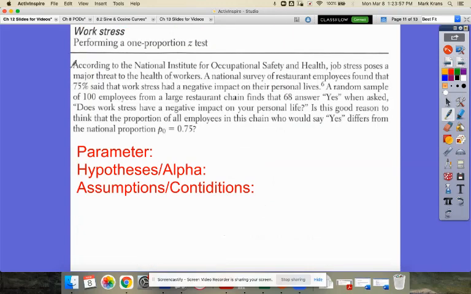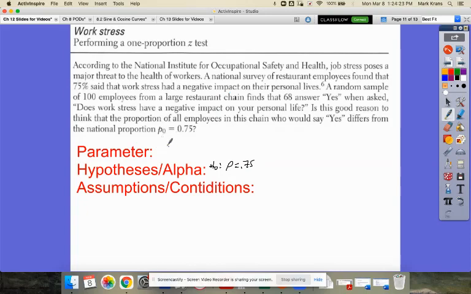So here's an example. According to the National Institute for Occupational Safety and Health, job stress poses a major threat to the health of American workers. We have a national survey of restaurant employees. 75% said that work stress had a negative effect on their personal lives, right? So you can see the null is that p equals 0.75, okay?